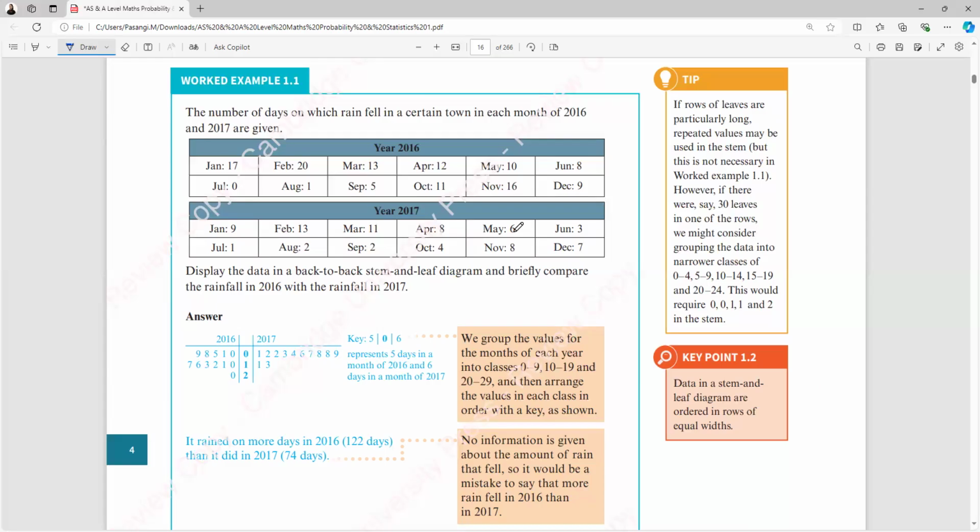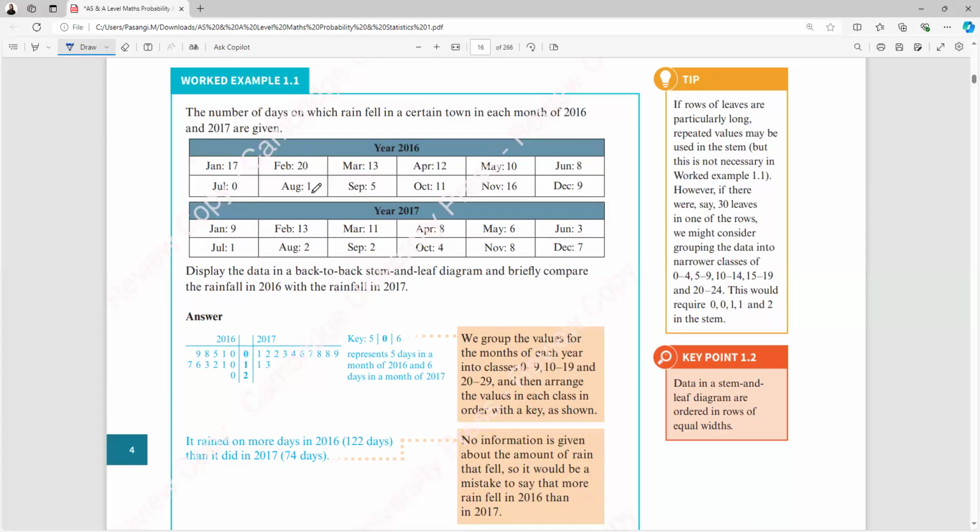If it's 0, that means 0, 1, 5, 8. Okay, for 26. For 0 comes the one-digit values.